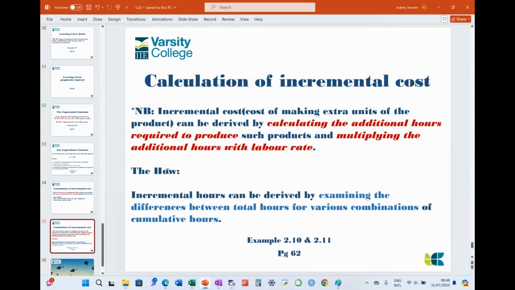Okay, incremental cost can be derived from calculating the additional hours required to produce such products and multiplying the additional hours with the labor rate. The incremental hours can be derived by examining the difference between total hours for various combinations of cumulative hours.